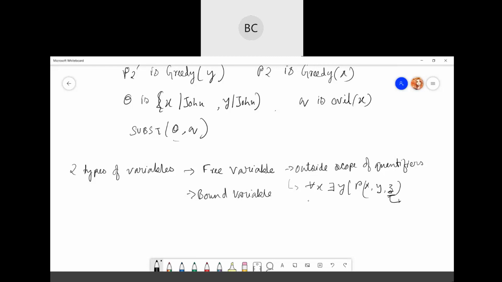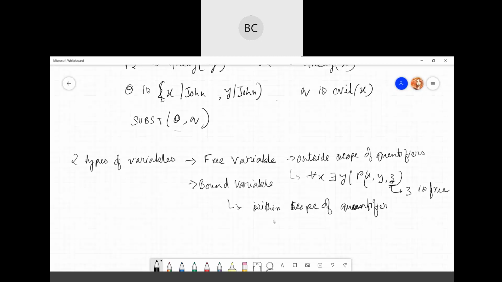Z is free, as it is outside the scope of the quantifiers. And a bound variable is one that occurs within the scope of a quantifier. An example can be: for all x, A(x) and B(y).